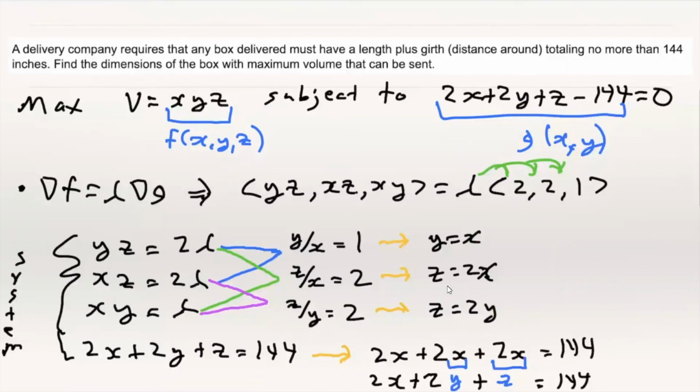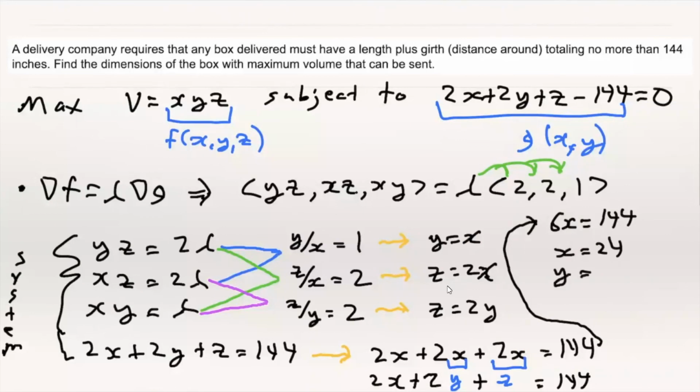So the simple substitution from what we found yields that. Okay, so from that, we have 6x is 144, so x is 24. And then also the fact that y is x means that y is 24, and then z is 2 times x, so z is 48. And that's the answer. So that's the dimensions of the box satisfying that constraint with the maximum volume.